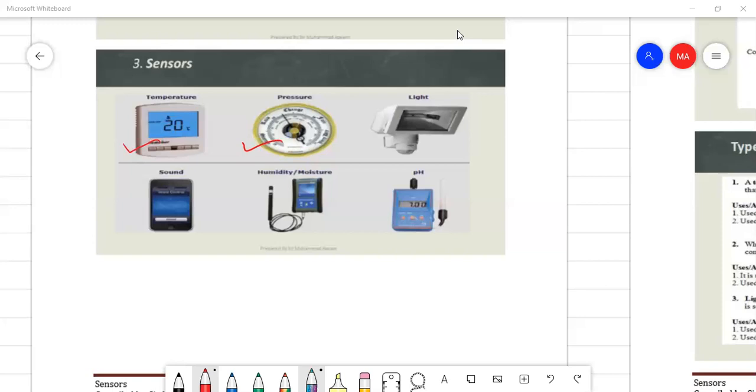Mohammed Faik, can you tell me another example? Yes, pressure sensor, where will it normally be used? Yes, Soha beta, have you seen a pressure sensor?